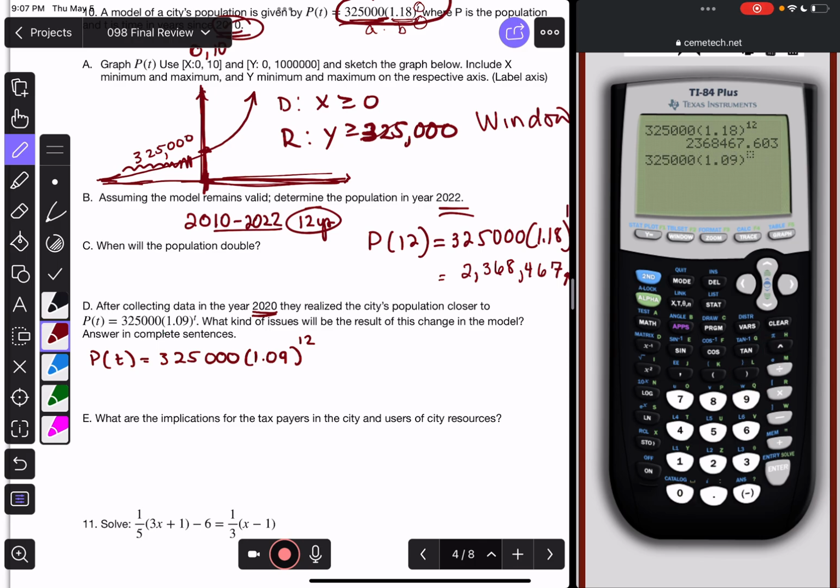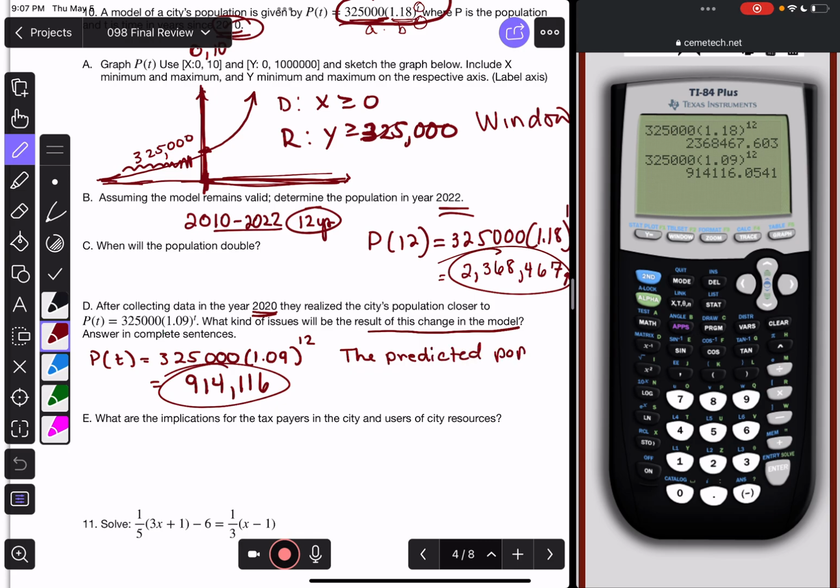Now raise that one to the 12th. So their new model is only about 914,116. So we'll assume, even though this wouldn't be quite accurate, one of the predictions or one of the issues that will result in the change in the model is certainly, see, answer in complete sentences. The predicted population is almost a little more than half as much.